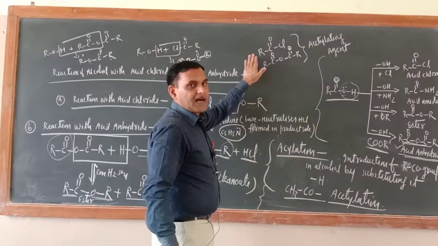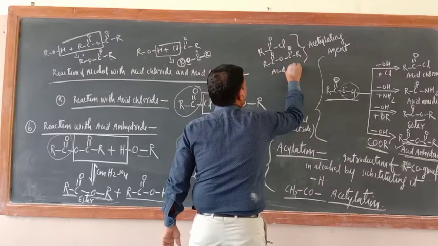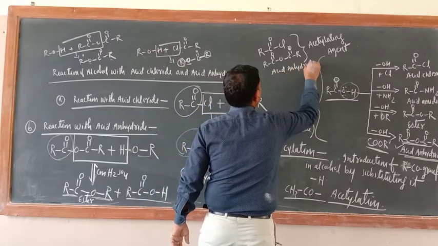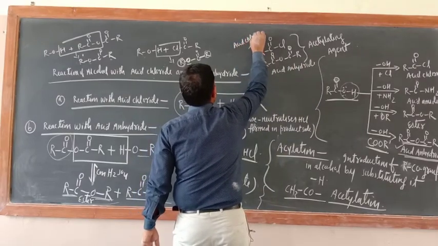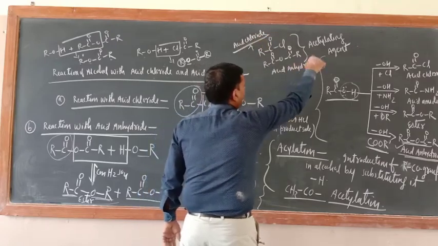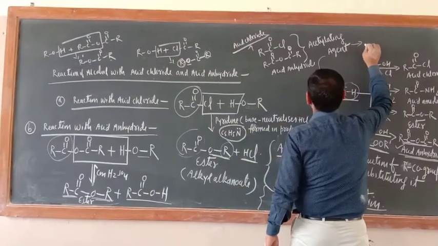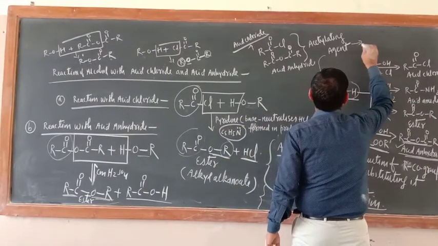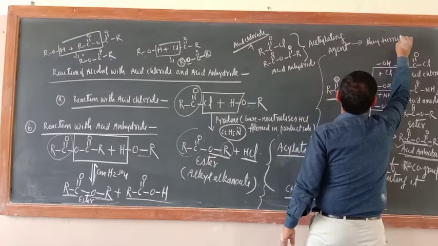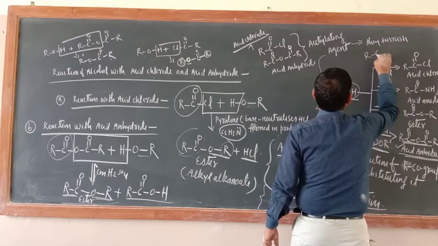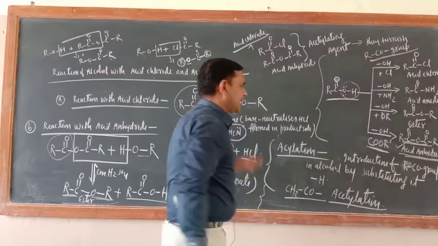And remember, acid anhydride and acid chloride are known as acylating agents. Why? Because they furnish the RCO group. That is why they are known as acylating agents.